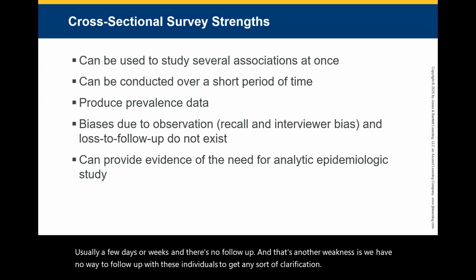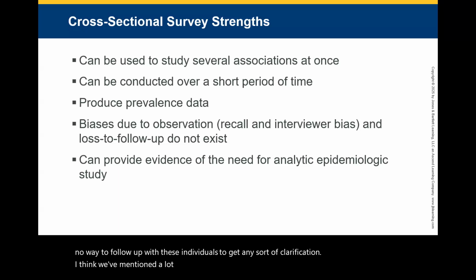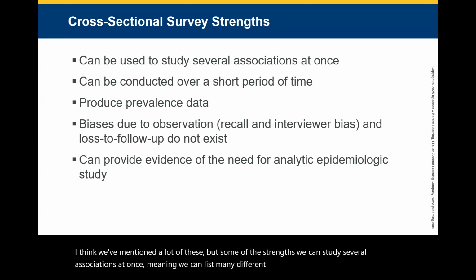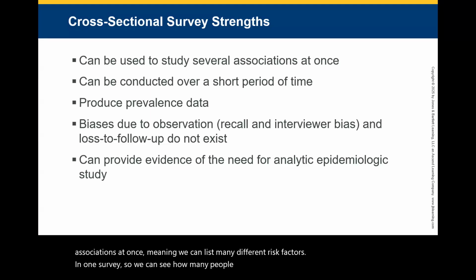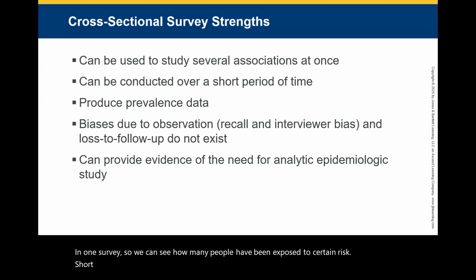I think we've mentioned a lot of these, but some of the strengths, we can study several associations at once, meaning we can list many different risk factors in one survey, so we can see how many people have been exposed to certain risks. Very quick, a short period of time to get these out and get these back.